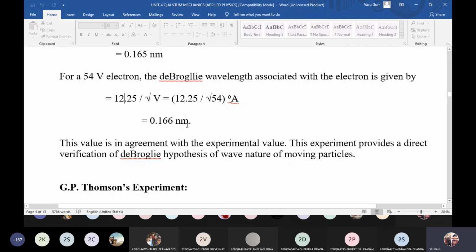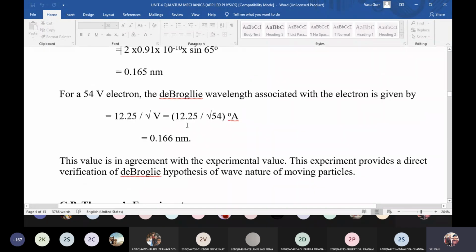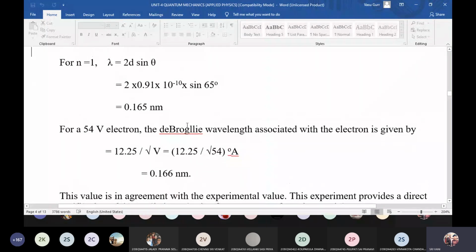So what they have done in the present experiment is, they applied two relations. One is the de Broglie wave equation, and according to it the wavelength is 0.16 nanometers. Next, they used Bragg's law, that is 2d sin theta is equal to n lambda.